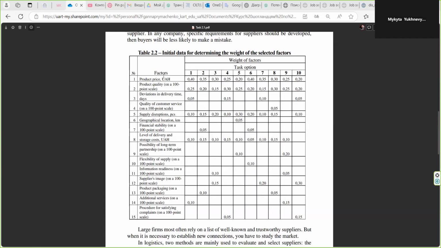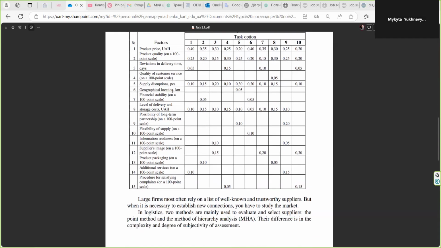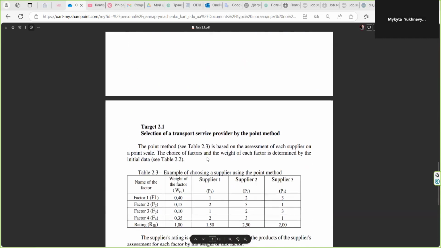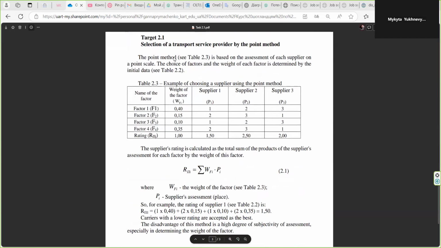We could write product price in hryvnias, or we could write factor number 1, if you want by the name or by the number. It is not very important. But we have not 4 factors, we have 6 factors. Remember about it. We leave the last line, rating, because we need to calculate it.